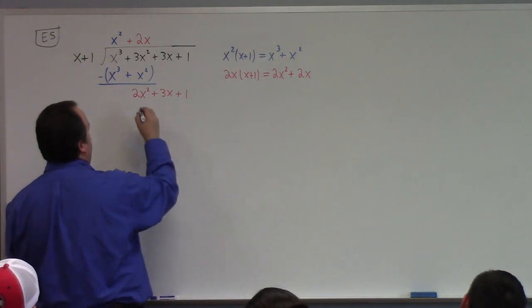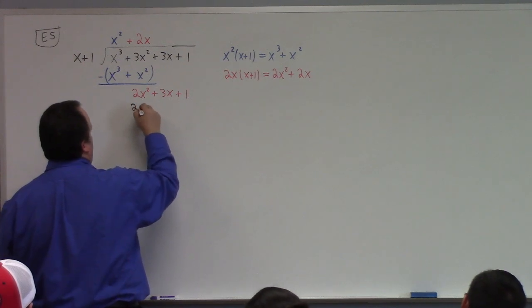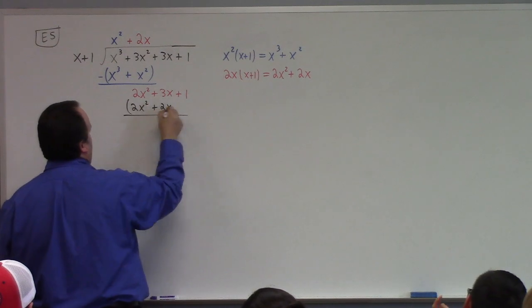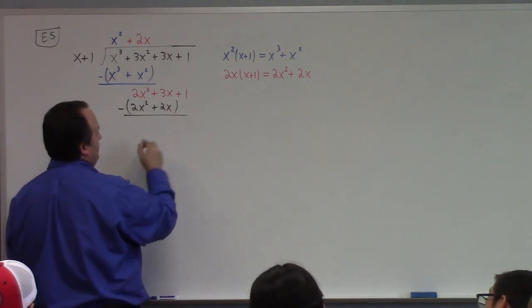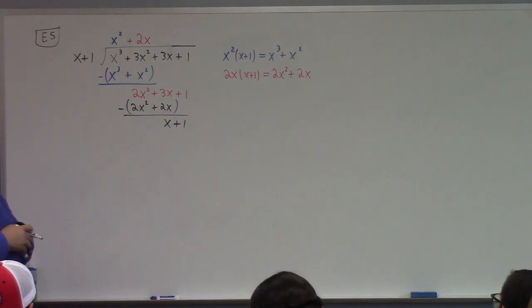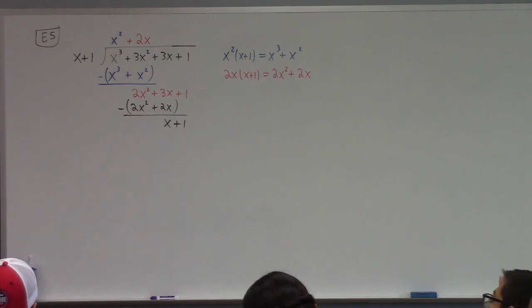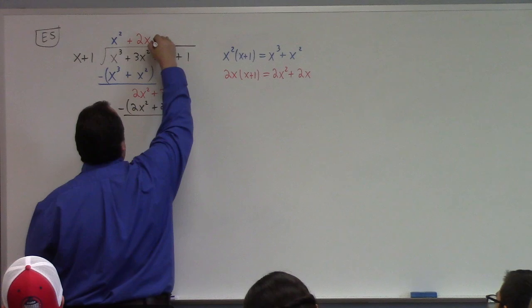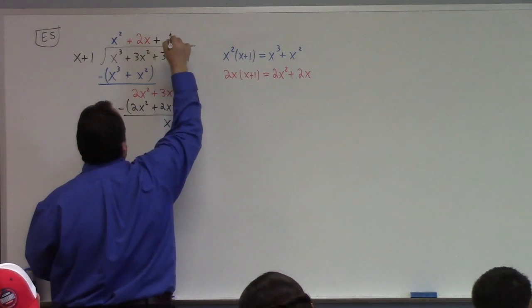Don't forget to subtract. That's the next step here. We subtract that. What do we got? X plus 1. So how do we get rid of x plus 1? It's the same. Plus 1, right. X plus 1.